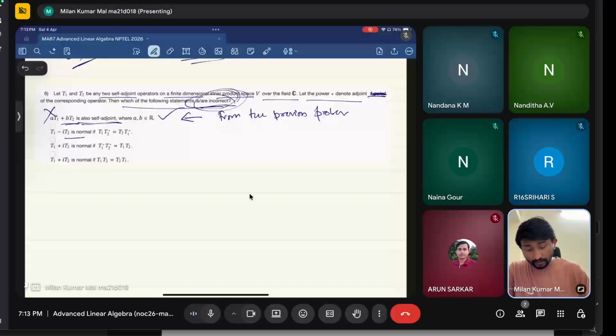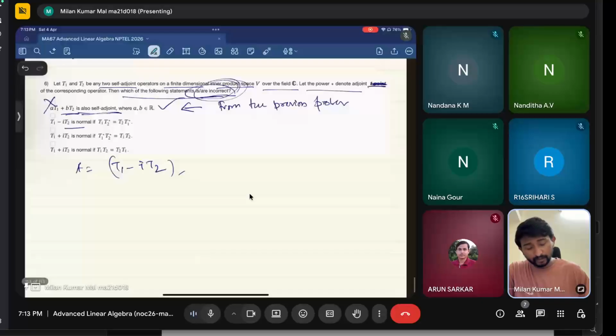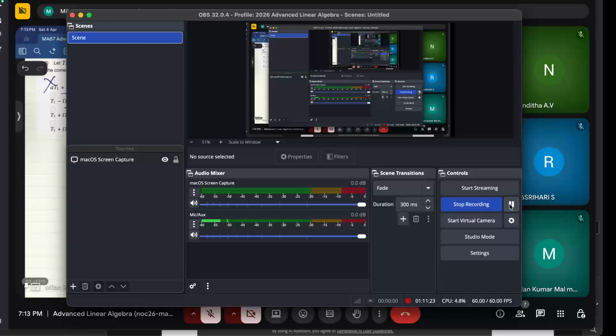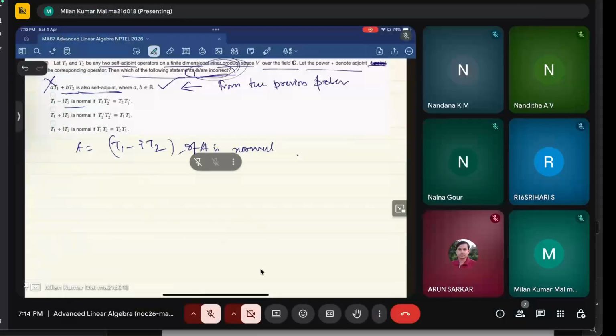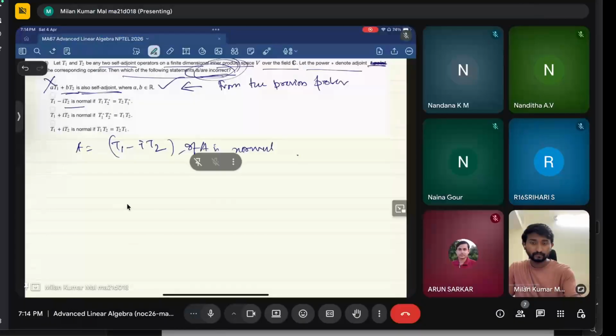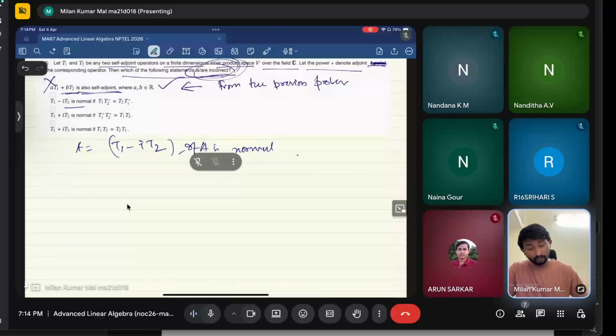So let's take A equal to T1 minus iT2. If A is normal, this is the standard assumption, then we can write A star A equals A A star.